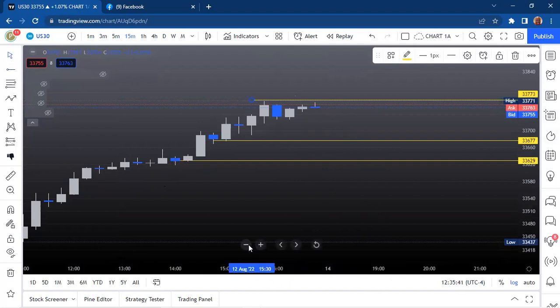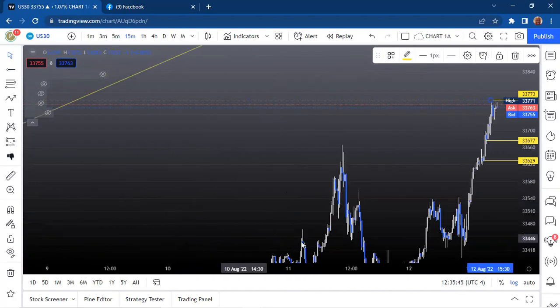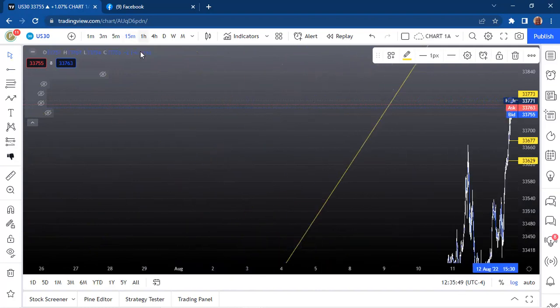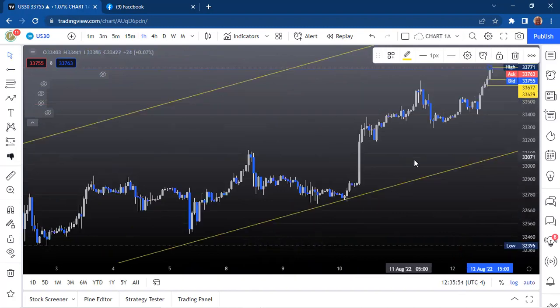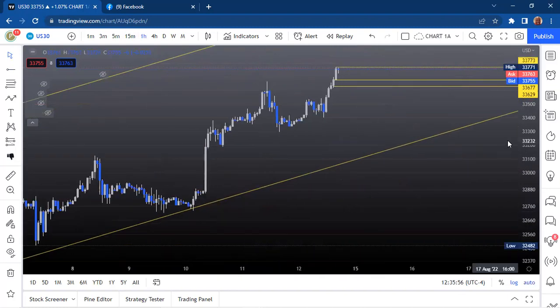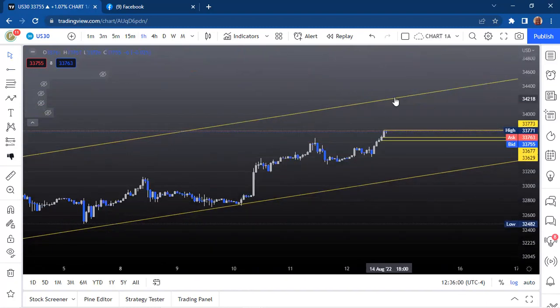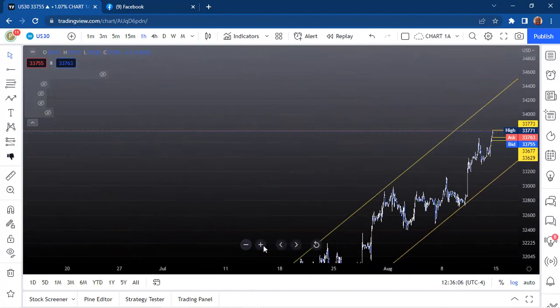Or you look left, maybe on a higher time frame. You look at the trend line that you put earlier. Maybe set your TP on top of that trend line.